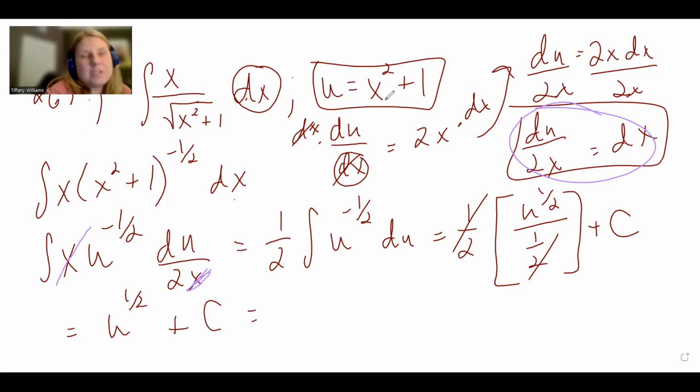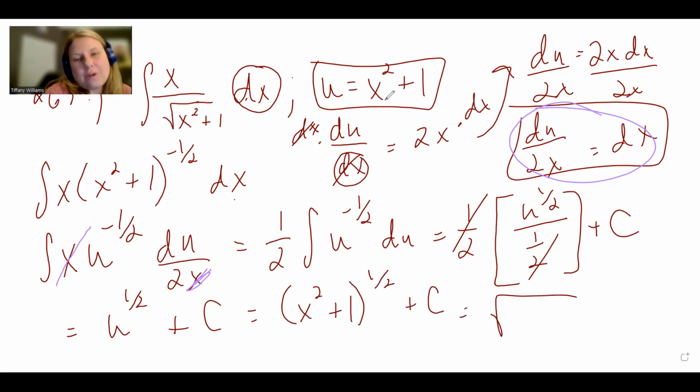And now I'm going to switch out my u to be x squared plus 1. So this is x squared plus 1 to the 1/2. Or if you want to get real fancy with it, this is actually the square root of x squared plus 1 plus c. Remember, with indefinite integrals, as long as they don't give me an initial value there, we're always going to have the plus c.